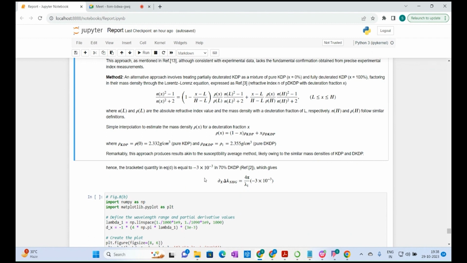So hence the bracketed quantity in the equation is equal to minus 3 times 10 to the power minus 3 in 70% DKDP. So we are left with this as our final equation.